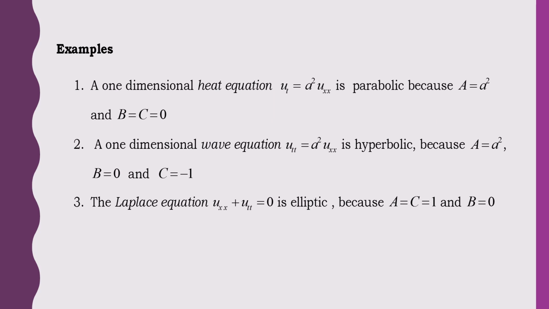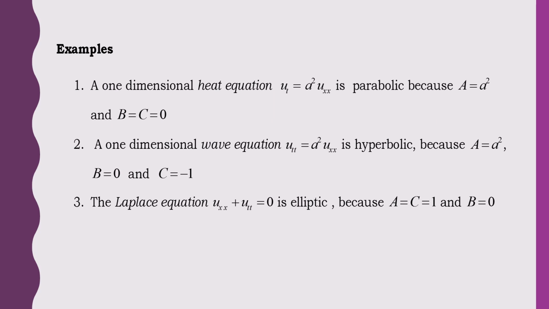Our second example is a one-dimensional wave equation given by the PDE u_tt equals a square u_xx. It can also be written as a square u_xx minus u_tt equals 0.